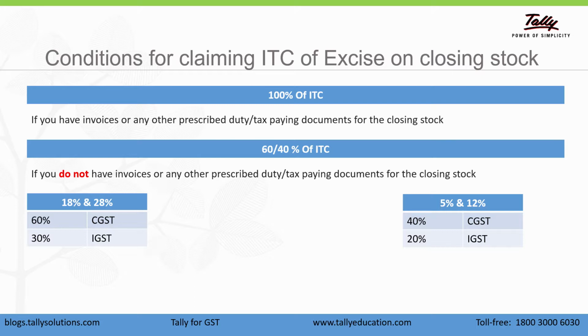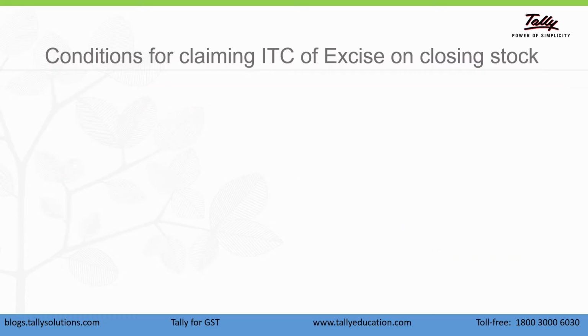If the goods fall in the 5% and 12% tax rate slab, then 40% of the CGST collected on the supply of these goods can be claimed as ITC. If the goods are supplied interstate, then 20% of the IGST collected on the supply of these goods can be claimed as ITC. We'll understand this with an example.